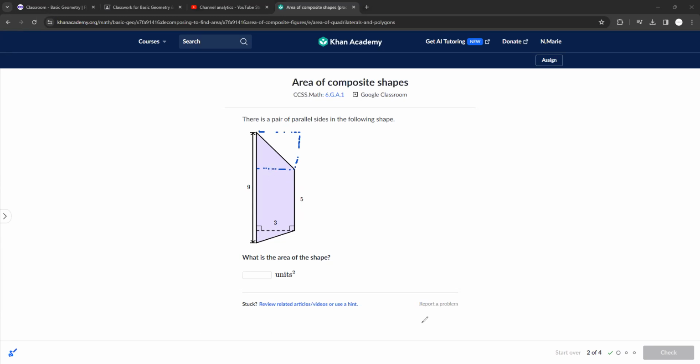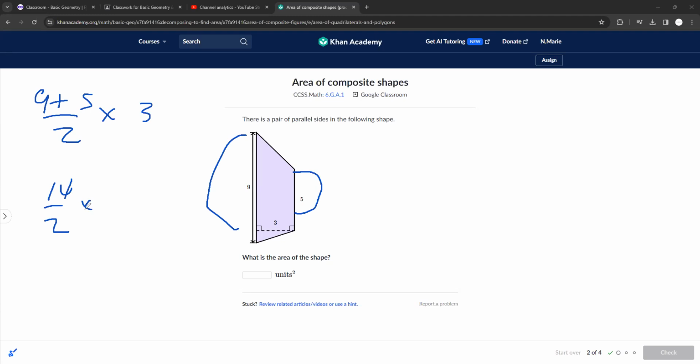Let's think on this one. All right, so these can be a tricky thing. I could use the area of a trapezoid formula, which would be base 1 plus base 2 divided by 2 times the height. I could do that, but we're in a unit where you're not supposed to know trapezoids yet, I suppose. So let's do it the other way.